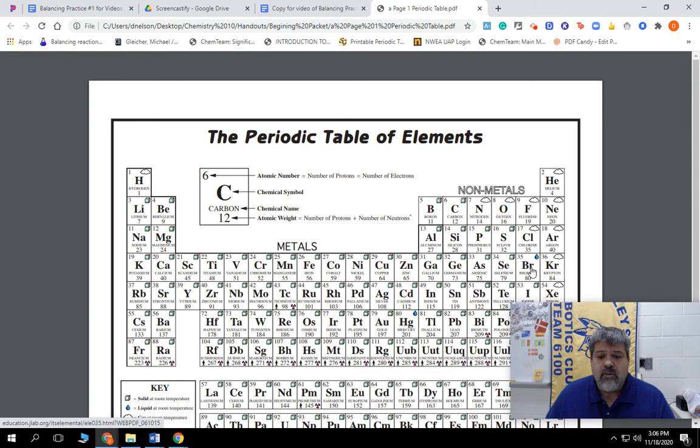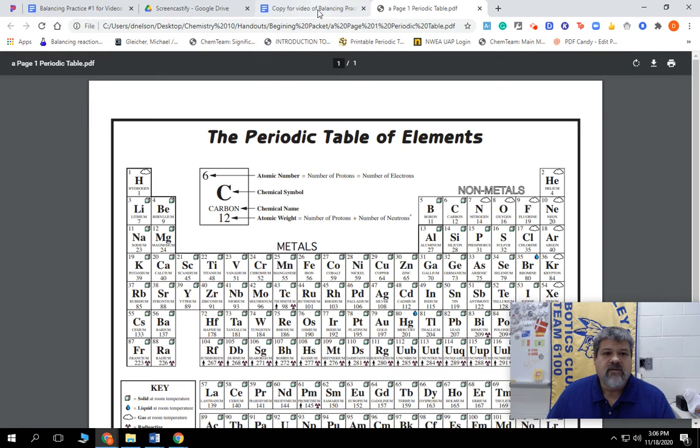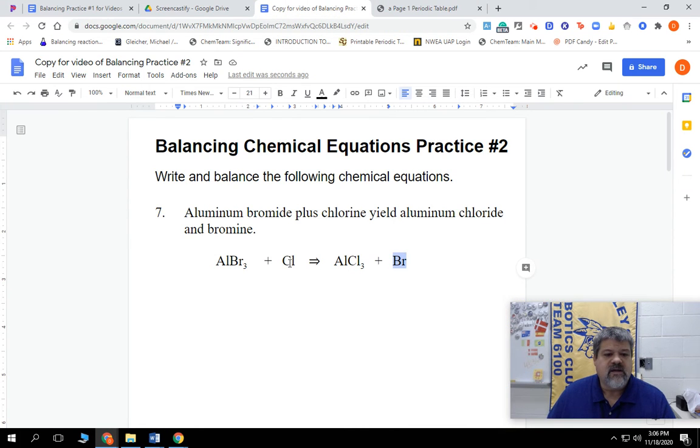So chlorine and bromine are diatomic. So we're going to put a 2 in there, and a 2 right there for our bromine. So now we have our skeleton equation.